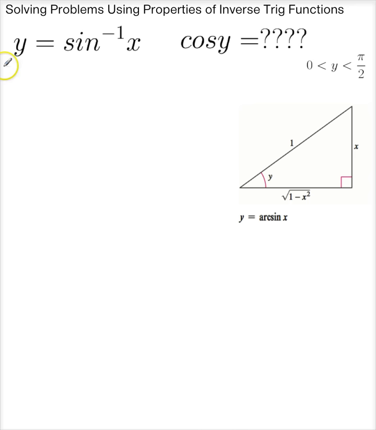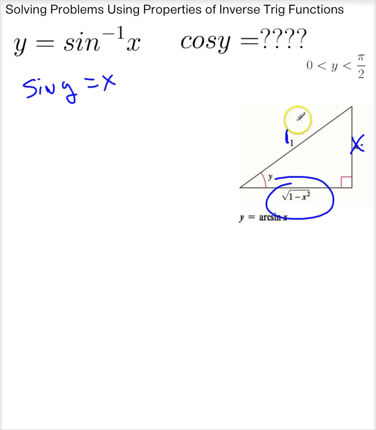If I apply the sine to both sides, I get sine of y is equal to x. Now, if sine of y equals x, then x is over here and 1 is the hypotenuse, since sine is opposite over hypotenuse. And because it's a right triangle, this side right here has to equal the square root of 1 minus x squared.